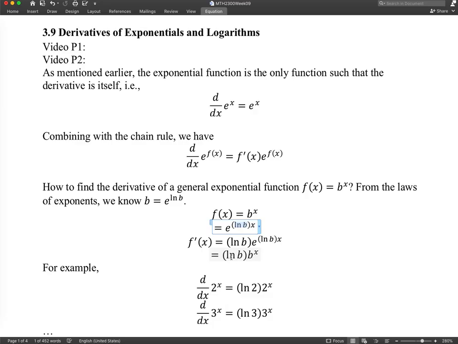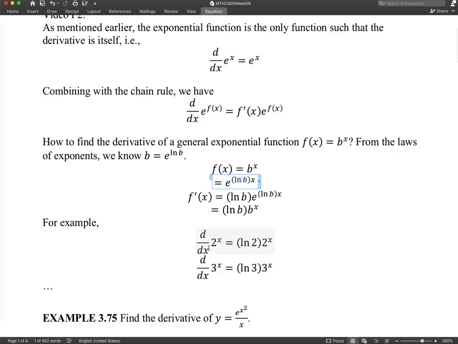Again, I hope you do see that ln of b is nothing unusual. It's just a constant. So for example, the derivative of 2 to the power of x would be ln of 2 times 2 to the x. The derivative of 3 to the x would be ln of 3 times 3 to the x.